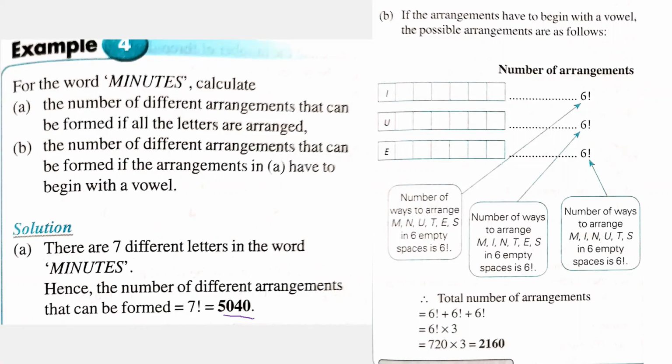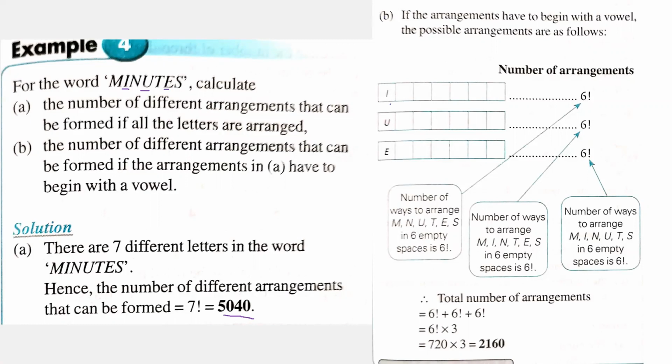But what if, part B, the arrangement has to begin with a vowel? How many vowels do we have here? We have I, U, and E, so there are 3 vowels, which means we can try 3 ways.